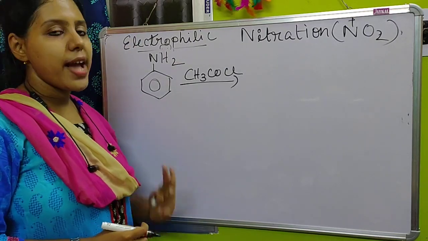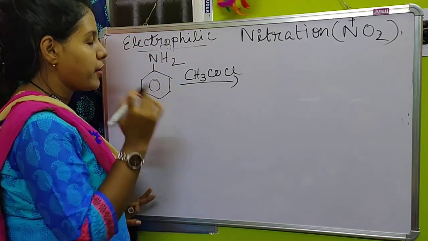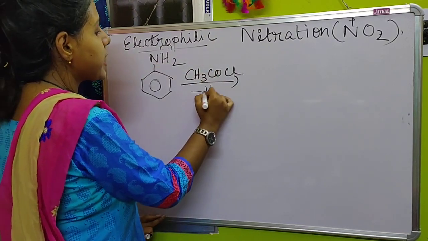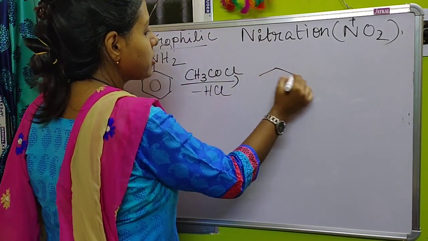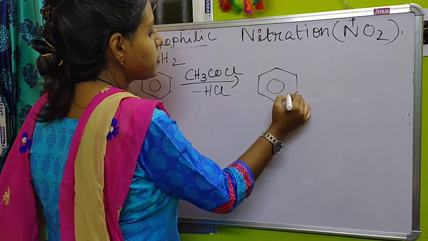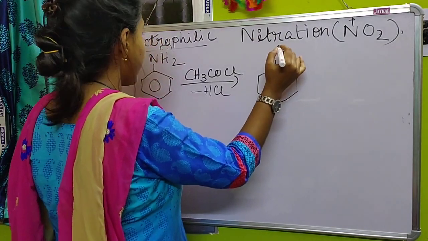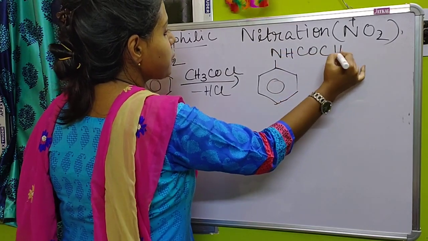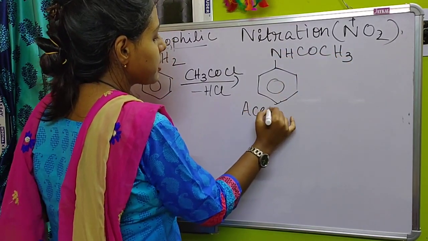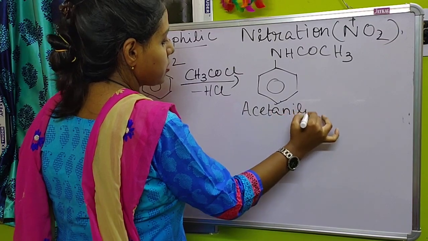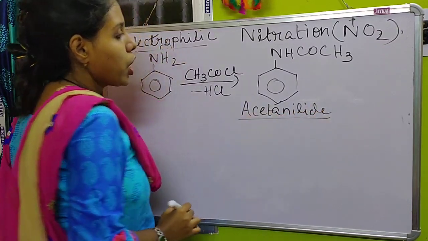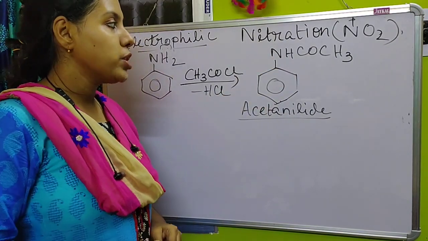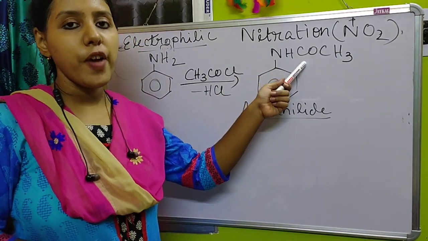The chlorine will be eliminated as HCl and we get this compound, acetanilide, NHCOCH3. So now this NH2 group is locked, and there is no chance of oxidation of NH2.